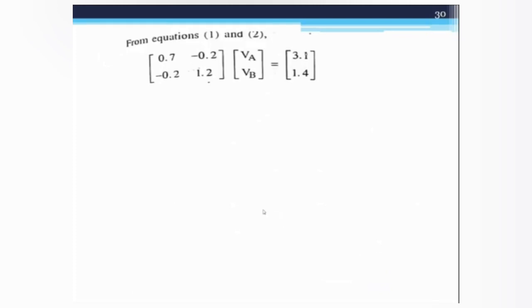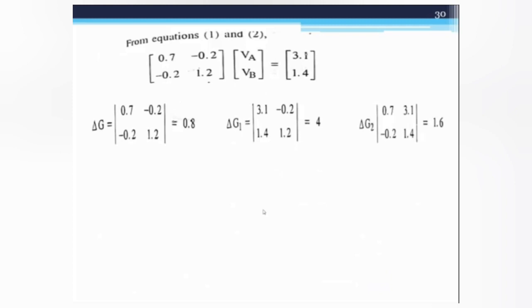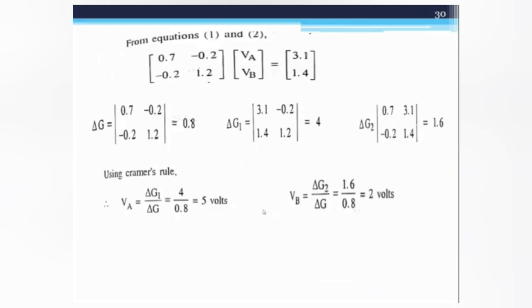Again, apply Cramer's rule and find D, D1 and D2. So D is 0.8, D1 is 4, and D2 is 1.6. So VA is equal to D1 by D, so it is 4 upon 0.8, so it is 5 volt. And VB equals D2 by D, so it is 1.6 divided by 0.8, so it is 2 volt.